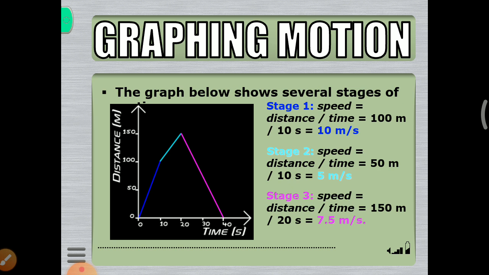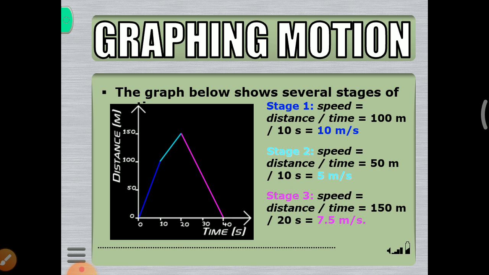So from the values of the speed in stage 1, stage 2 and stage 3, compare them. In stage 1, we got 10 meter per second. Within 1 second, the object covers 10 meter. In stage 2, the object covers 5 meter per second. In 1 second, it covers 5 meter. In the third stage, 7.5 meter per second.